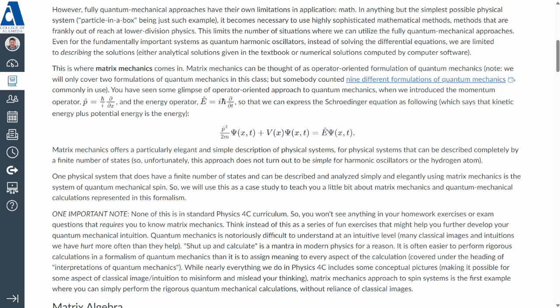One physical system that does have a finite number of states and can be described and analyzed simply and elegantly using matrix mechanics is the system of quantum mechanical spin. So, we will use this as a case study to teach you a little bit about matrix mechanics and quantum mechanical calculations represented in this formalism.